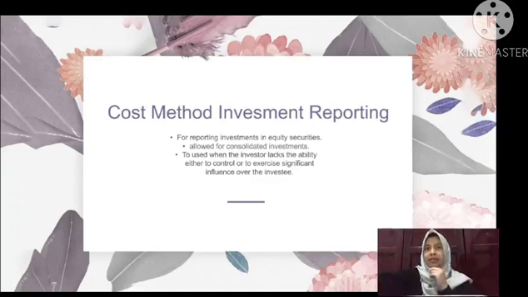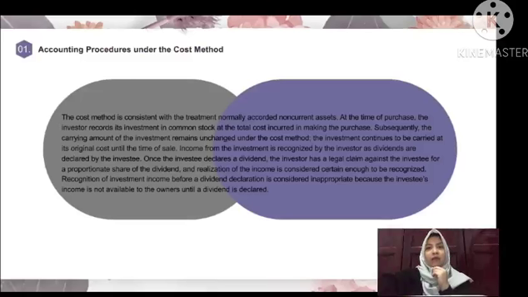The cost method is used when the investor lacks the ability either to control or to exercise significant influence over the investee. The inability of an investor to exercise either control or significant influence over an investee may result from the size of the investment, usually at common stock ownership levels of less than 20%.